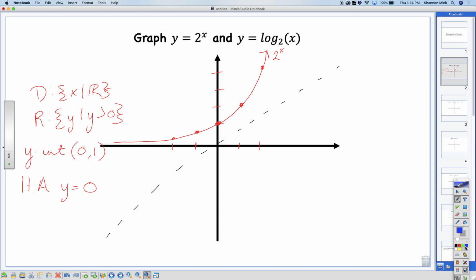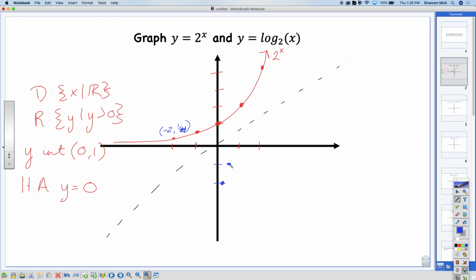So this point (-2, 1/4) is going to go to what? It's going to go to (1/4, -2). And (-1, 1/2) is going to go to (1/2, -1).